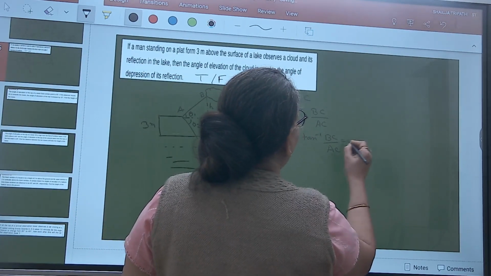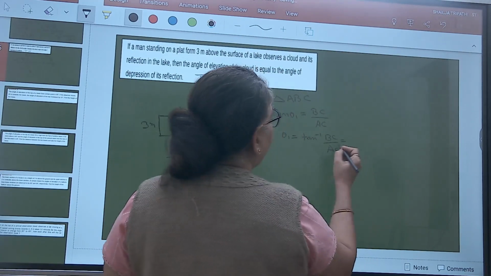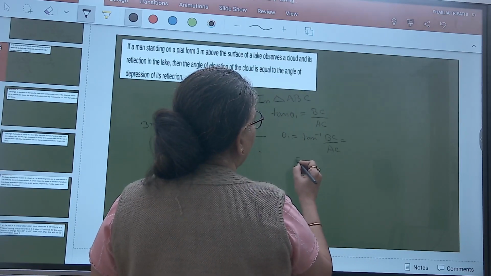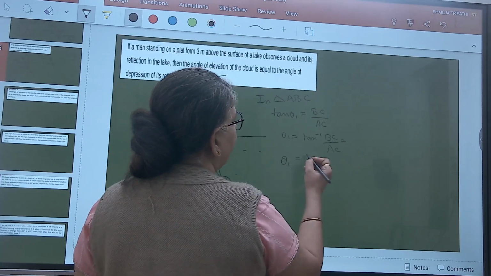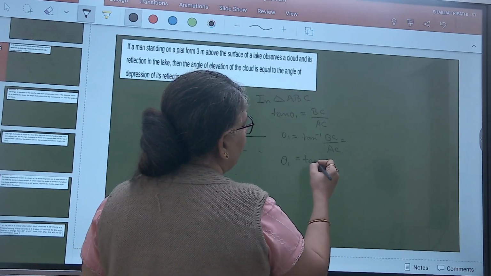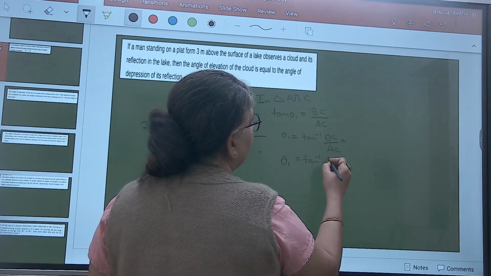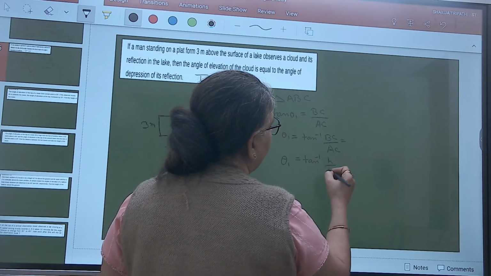So you can write theta 1 is equal to tan inverse h upon AC.